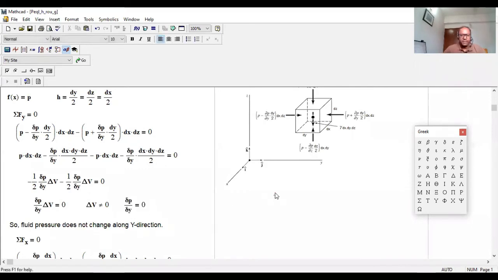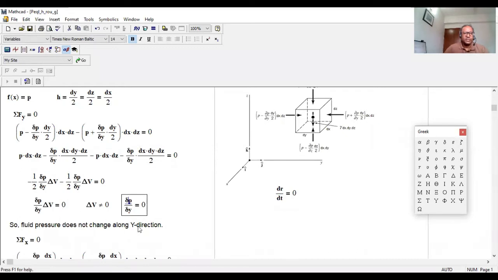Like if I say dr divided by dt equals 0, what does it mean? It means the rate of change of r is 0, that is, the value of r is not changing with time. So similarly, right over here, we can say the pressure is not changing along the y direction.